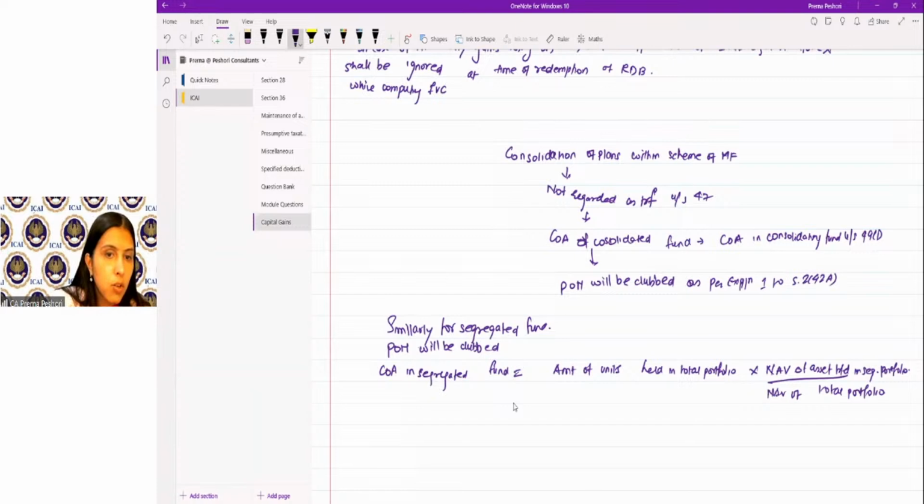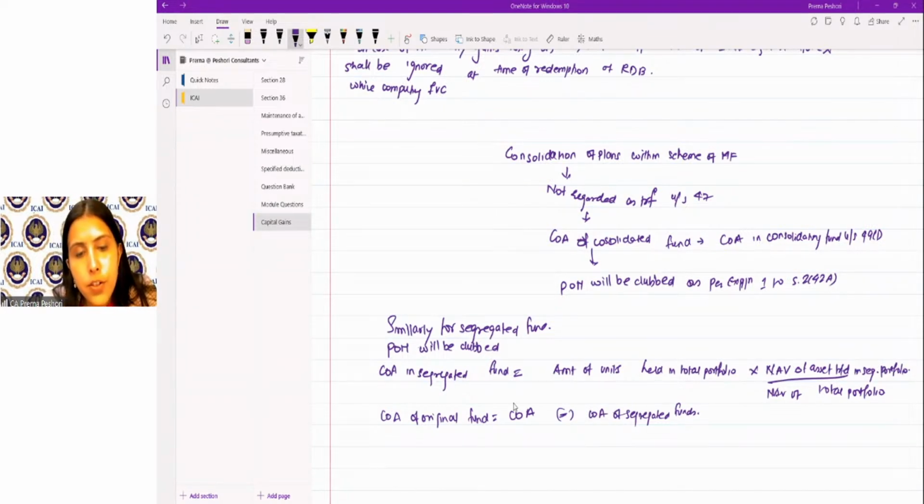Right? And the cost of acquisition of the original fund will be the cost of acquisition minus the cost of acquisition of the segregated fund. Right? So segregated portfolio means the portfolio which is broken up now, right? Are we clear? And consolidation means you will consolidate everything.